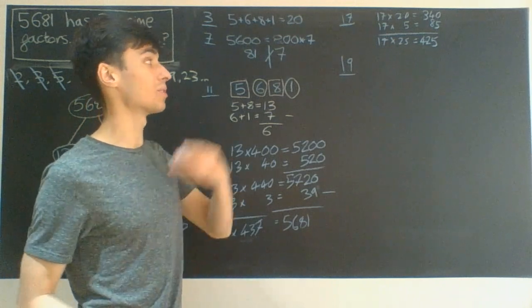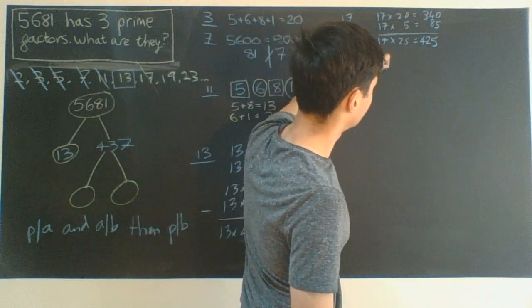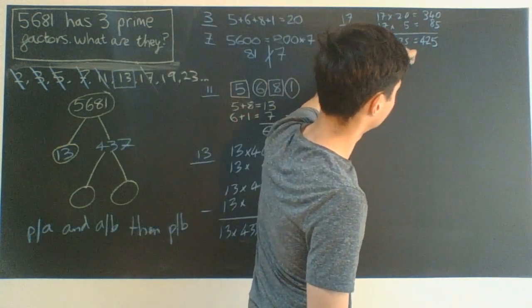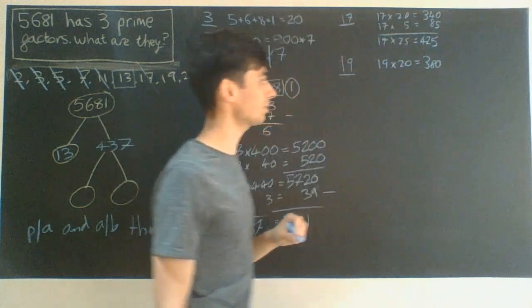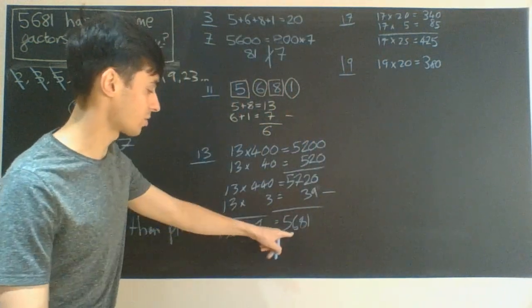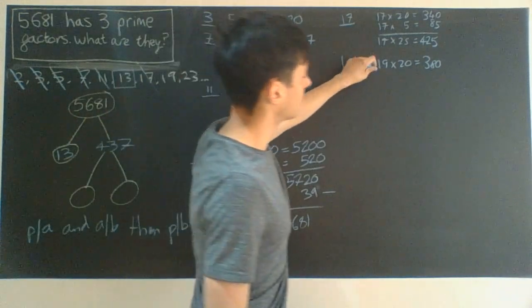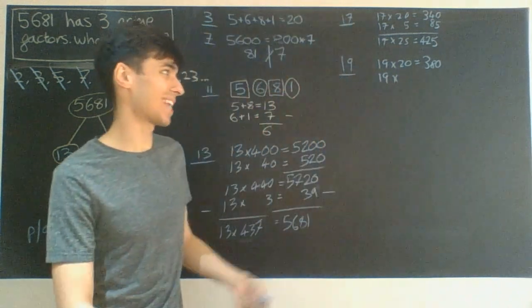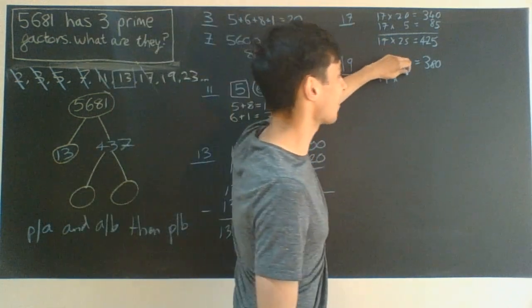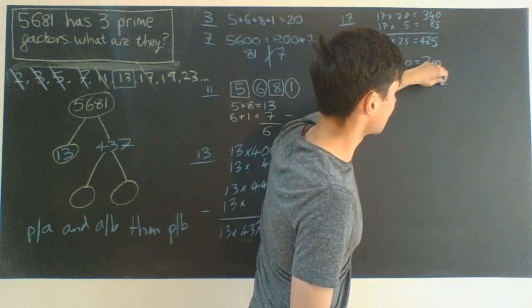If we think of some numbers that we know 19 goes into, well, 19 times 20 will be 380. That's good, we're getting kind of close to 437. Think of another multiple of 19 we know. And this one is a good one because it ends in a 7. So 19 times 3 gives us 57.